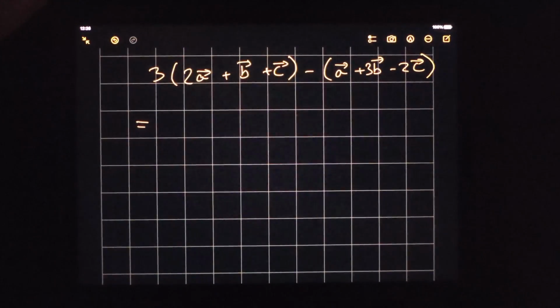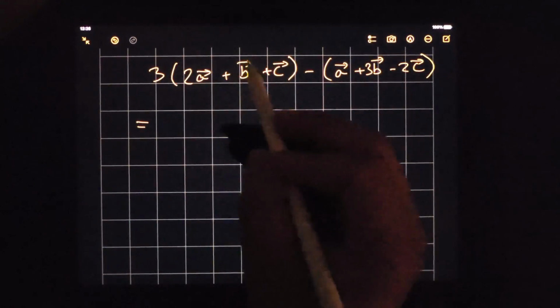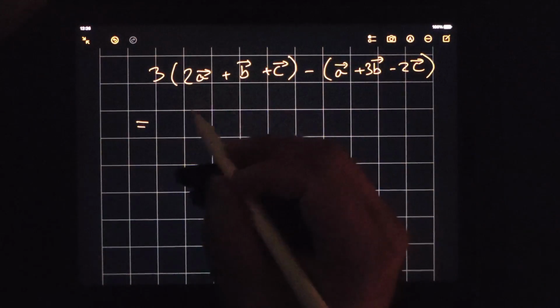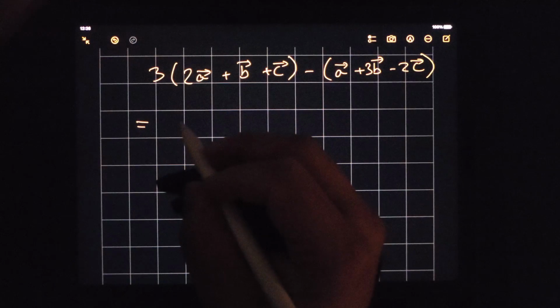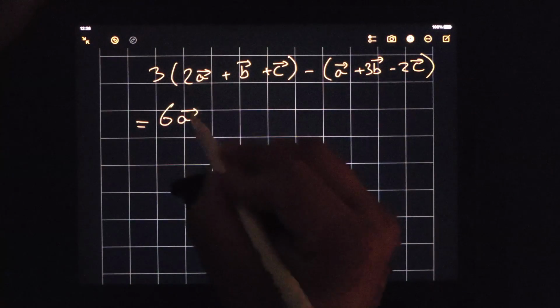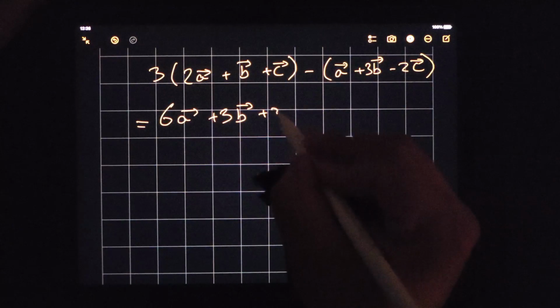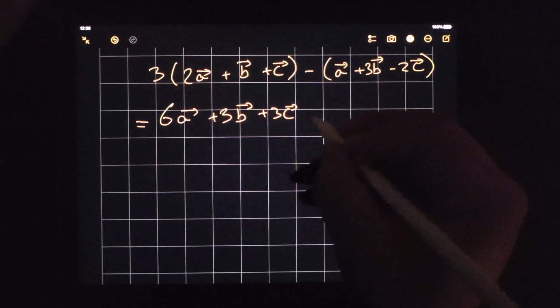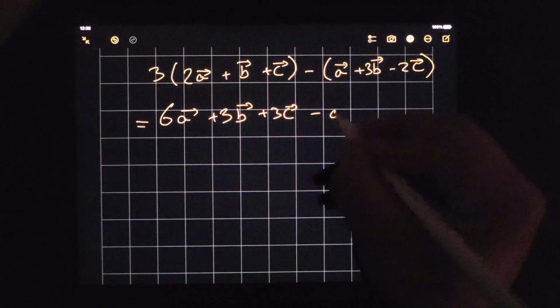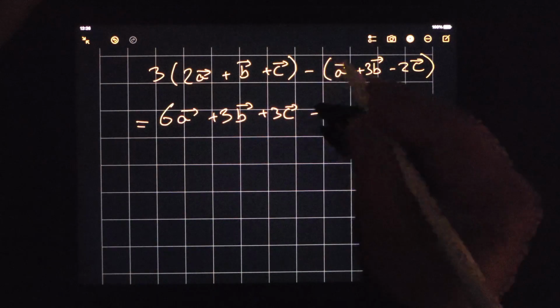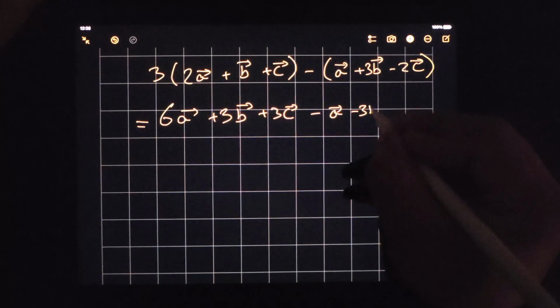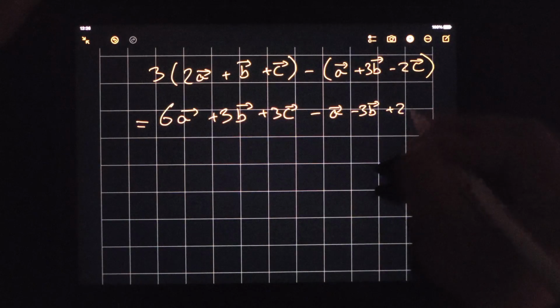This is going to be very straightforward. So let's open up this first using the distributive property. So that's going to be 6a plus 3b plus 3c minus, I'm multiplying a minus 1 into here, minus 3b plus 2c.